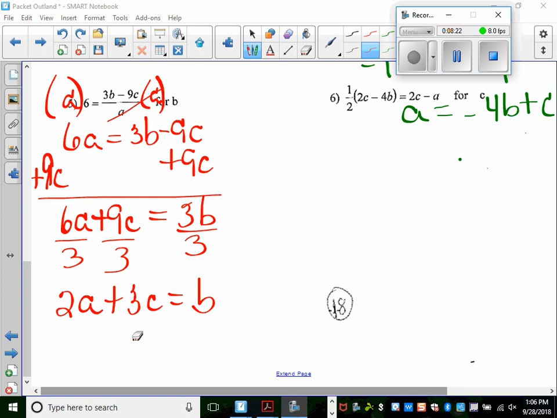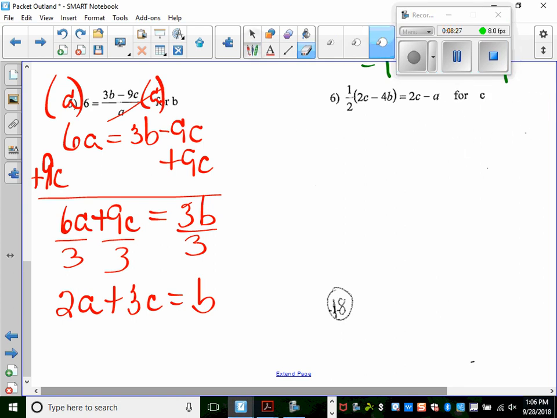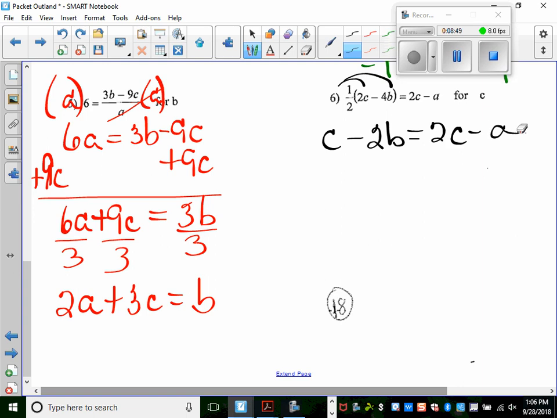All right, let's do number 6. In question number 6, we're going to distribute first. So if I distribute this 1/2, half of 2 is 1, half of 4 is 2. And then I want to solve for c.